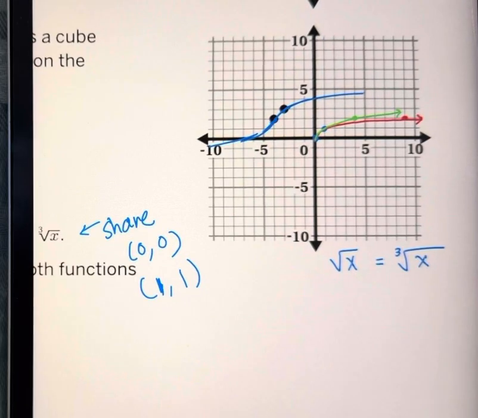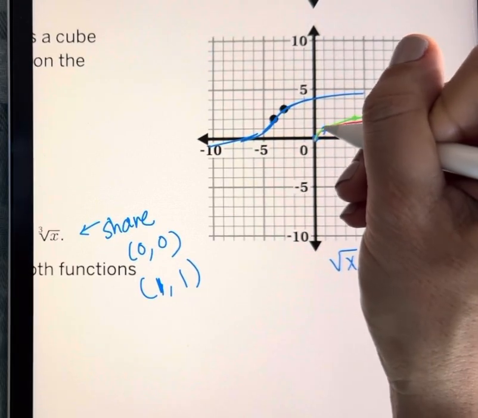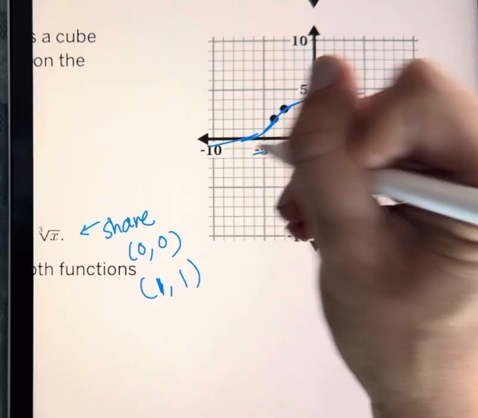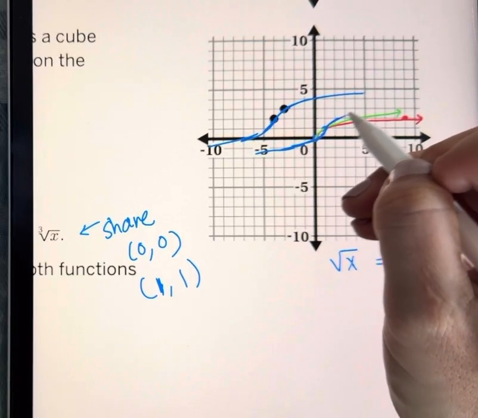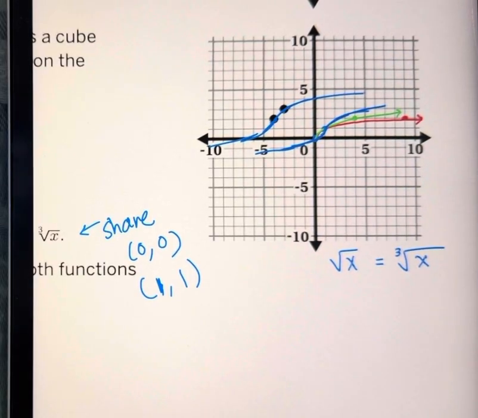Let me see. I'm trying to think now. The cube root function can go through these 2 points like this and then go like that. That would be a negative cube root function.